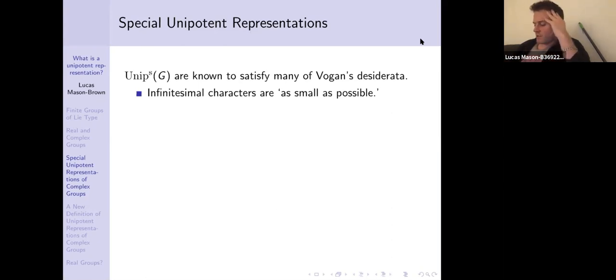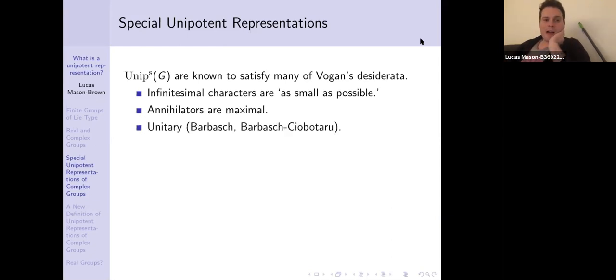Their infinitesimal characters are as small as possible. I won't say much more about that. Obviously, their annihilators are maximal by definition. It turns out in all known cases, these representations are unitary. For complex classical groups, this was established by Barbasch in the late 80s, and then in some exceptional groups by Barbasch and Shibutani.